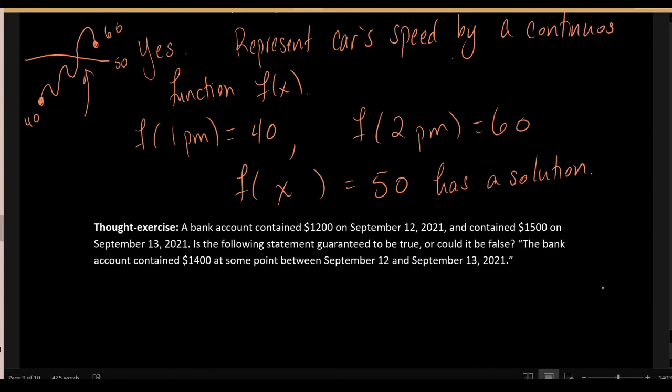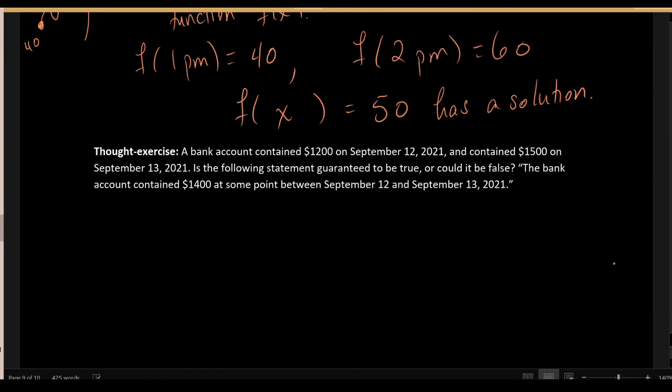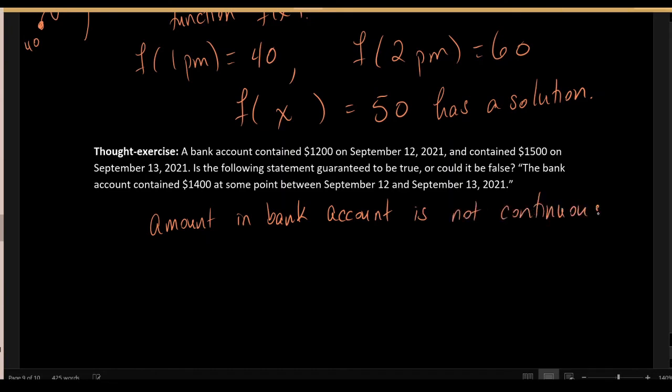I think that no. The bank account was not guaranteed to have contained exactly $1,400 at some point between these 2 days. The issue in this case is that the amount in the bank account is not a quantity that changes continuously over time.